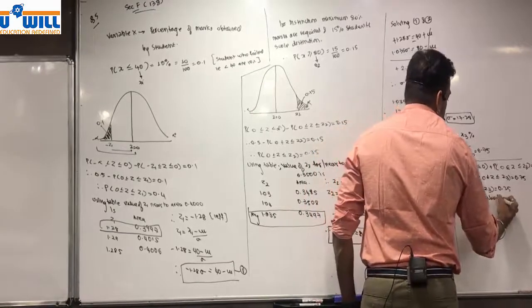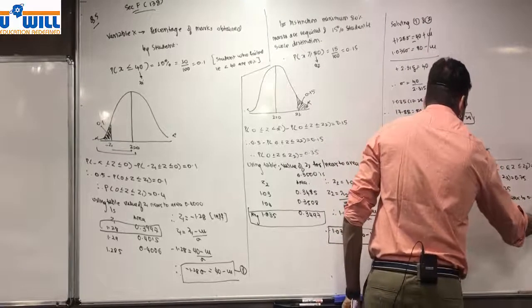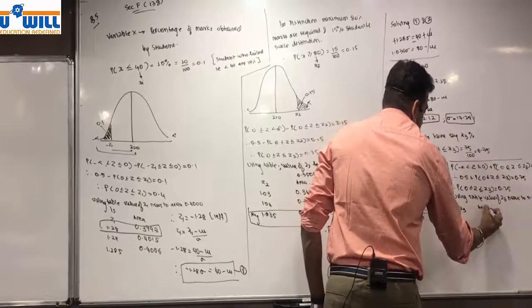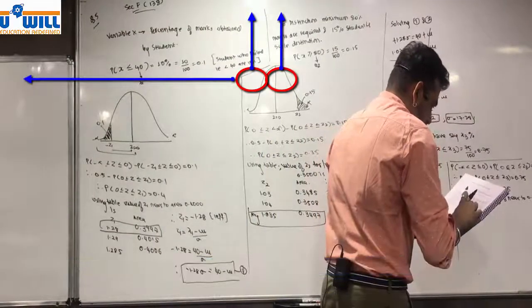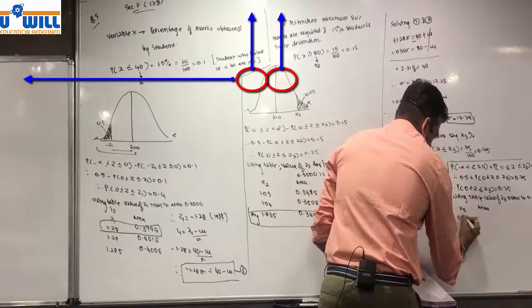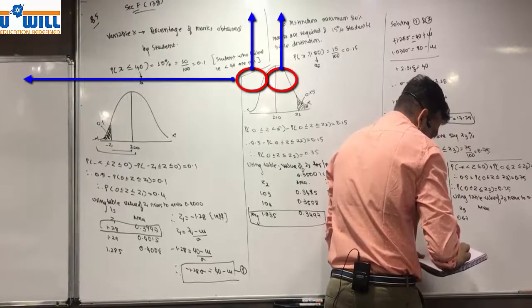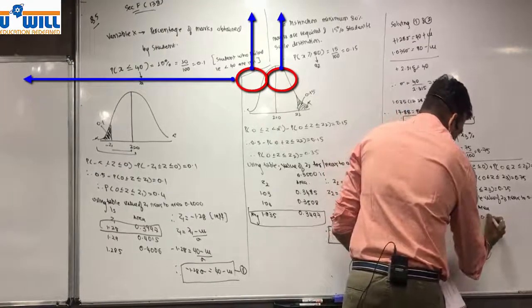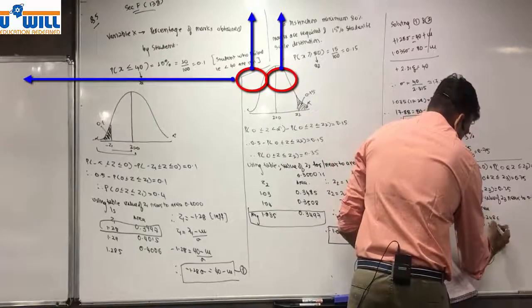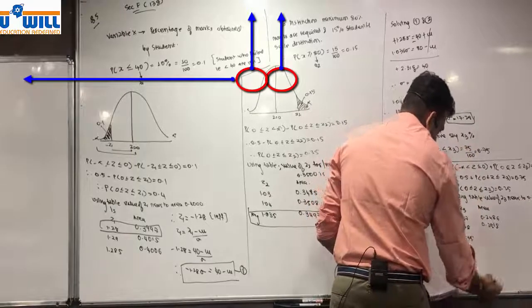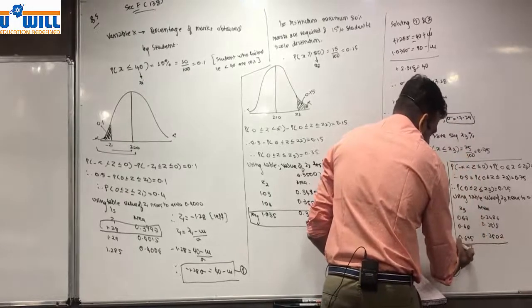value of z3 near to 0.2500. I can see over here 0.67 is 0.2486. 0.68 is 0.2518 and 0.675 is 0.2502, nearest.